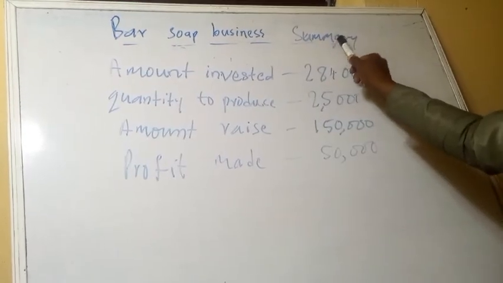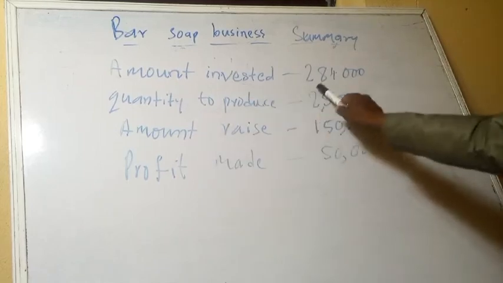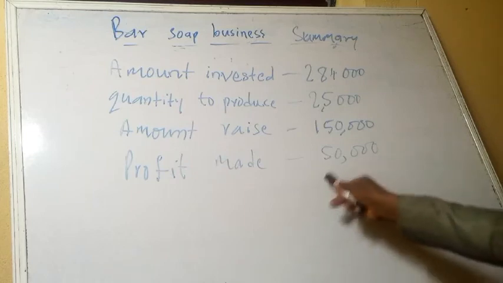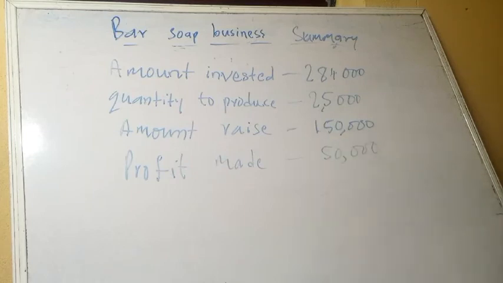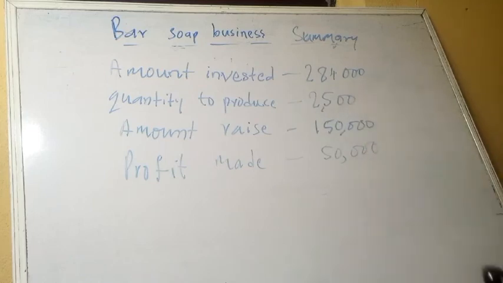Now let's look at the summary of all that we have said. The amount to be invested is 284,000 naira. The quantity to produce is 2,500 bars of soap, and this will give us 150,000 naira.